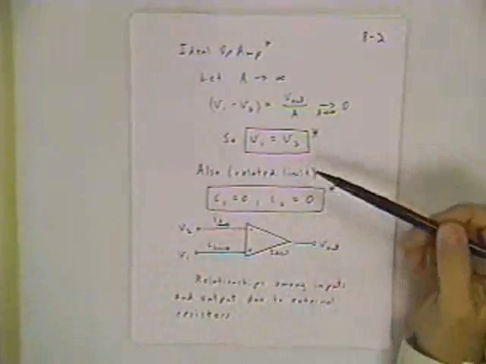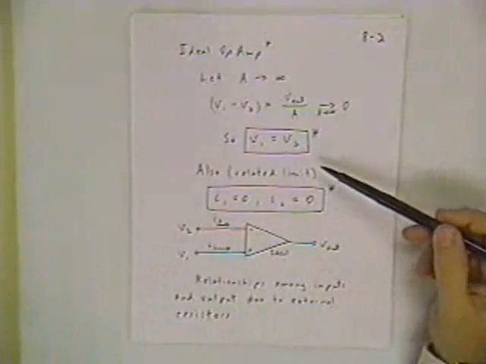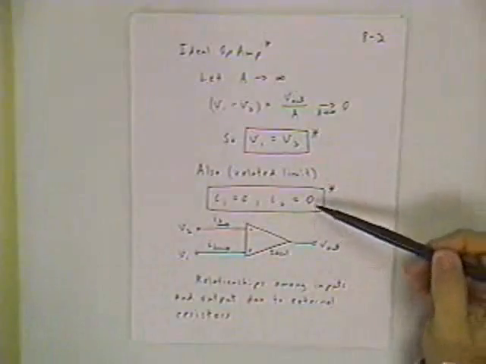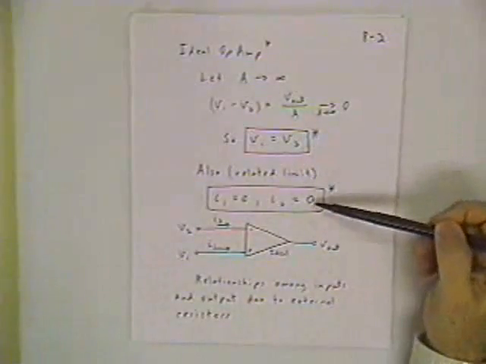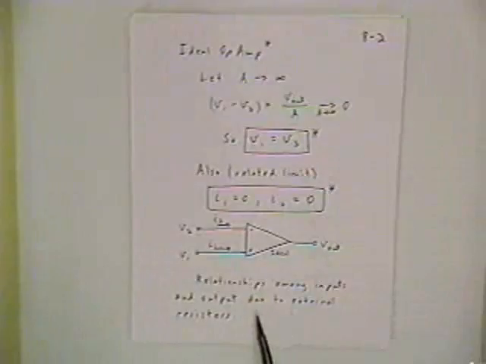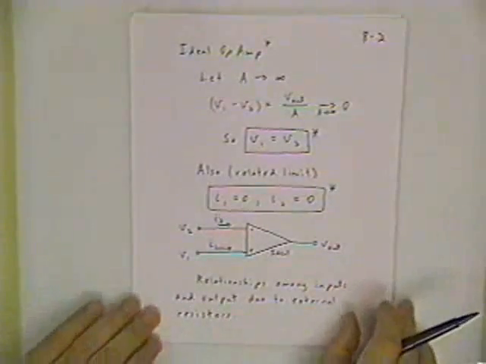Now, coupled with the Kirchhoff laws and the node voltage technique, we can use these two parts of the ideal model, attach a variety of external resistors in resistor networks, and come up with some really very useful applied circuits. So I think what you'll appreciate from this next slide is where the op-amp gets its name, and also why it's a useful thing to know about for all engineers.